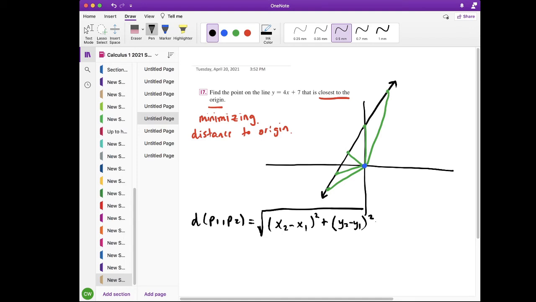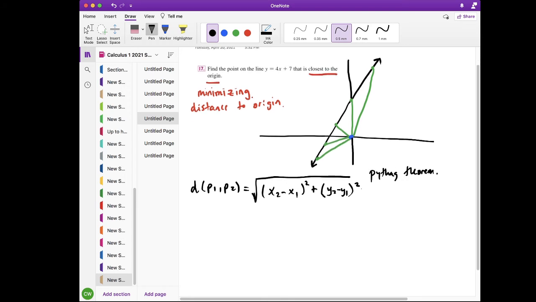What formula does this look like, and why don't you need to memorize this? Because it looks exactly like this other formula. What is the distance equation? Yeah, it's just Pythagorean theorem. So no need to memorize distance formula because it's just the Pythagorean theorem. Okay, so one of these things is the origin, right? So we can just make this 0, 0.